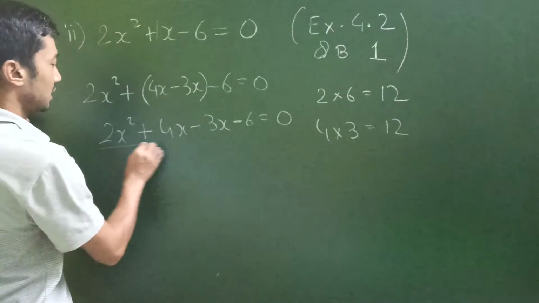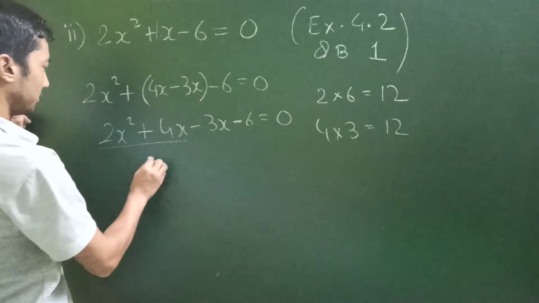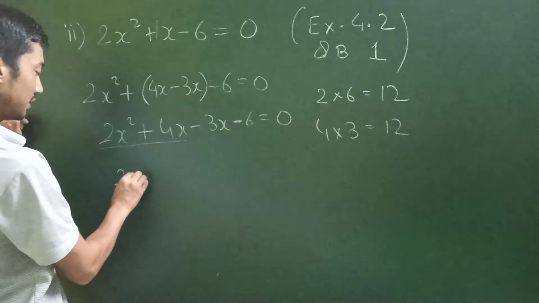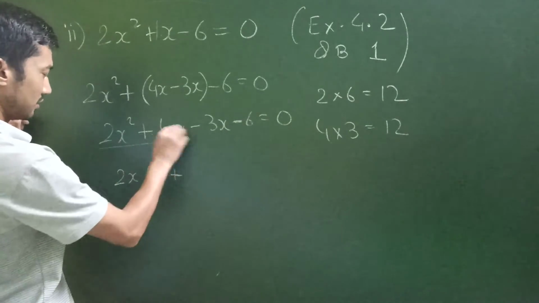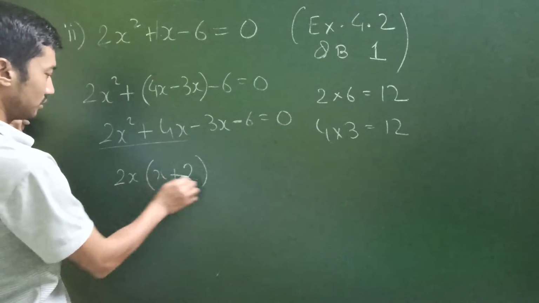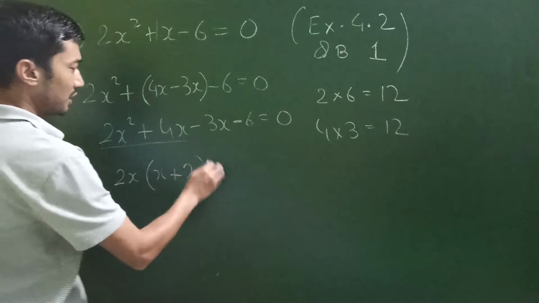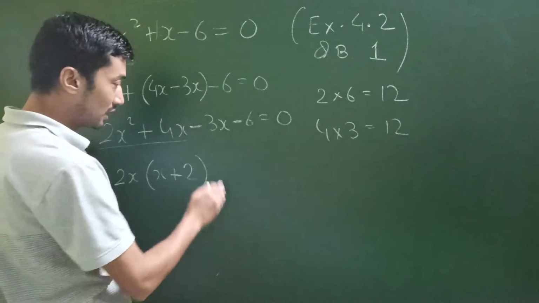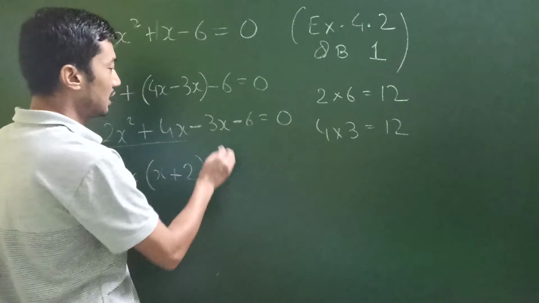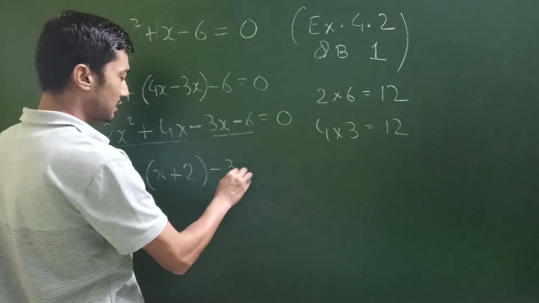After this, what did we say? Take the first, from the first 2, I can take 2 common, x also common. So 1x left here, so out of 2, so 2 2s are 4x. From here, since minus sign is here, whatever sign comes, you write down that, okay, so here it is minus. Again, anything common that I can take? Yes, 3.